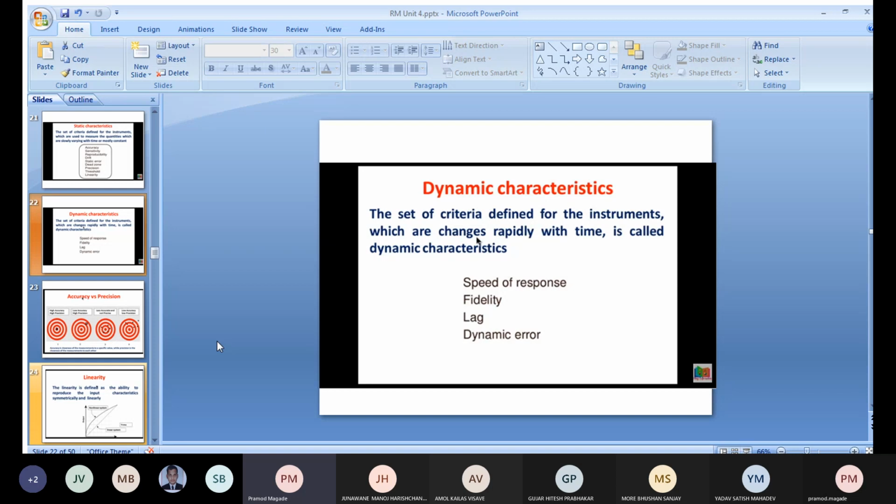So write down the definition: which change rapidly with respect to time. And the parameters are speed, fidelity, lag, dynamic error.